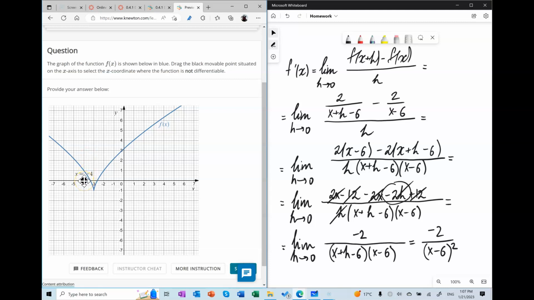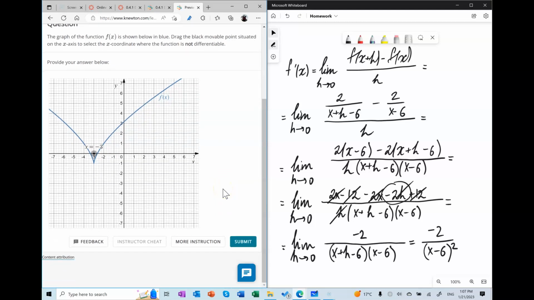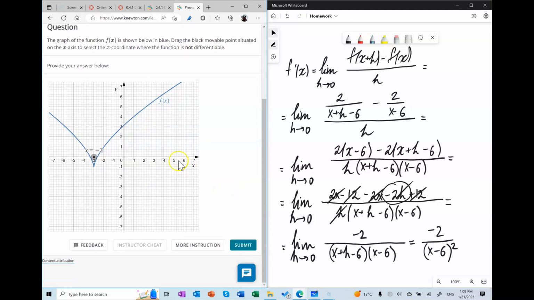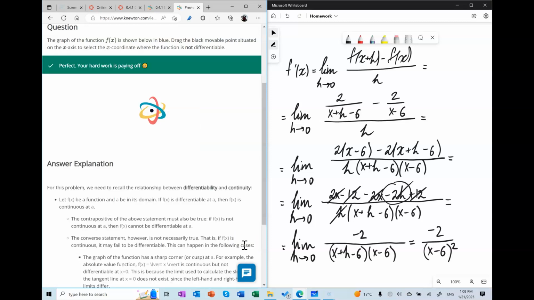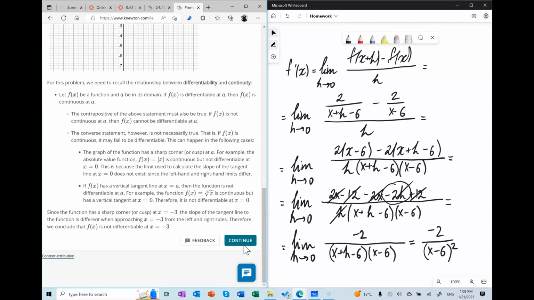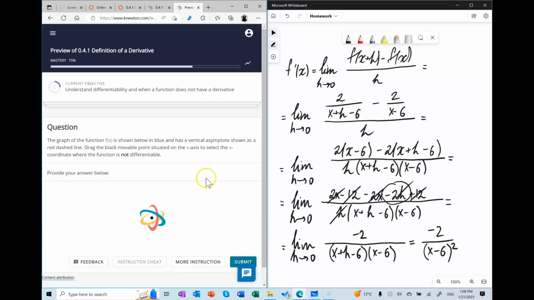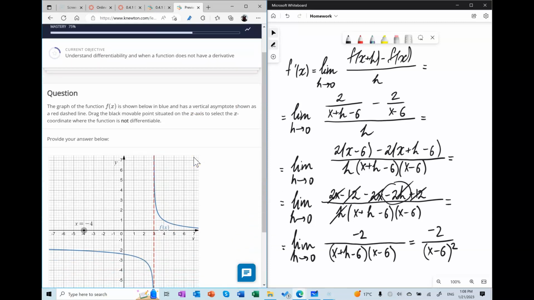So in this case, like this cusp right here, it's a well-known pattern which tells you that there is no tangent line, or in this case, if there is one, it looks like it's a vertical line, so either way, the derivative does not exist at this point. Let's look at the other one.